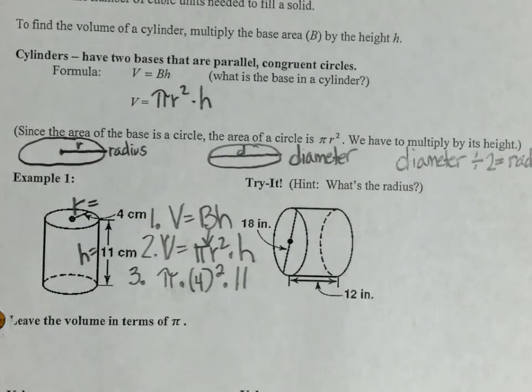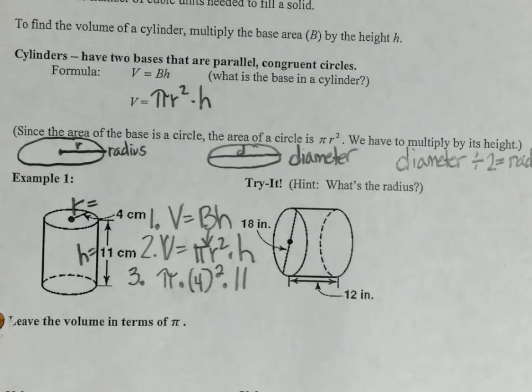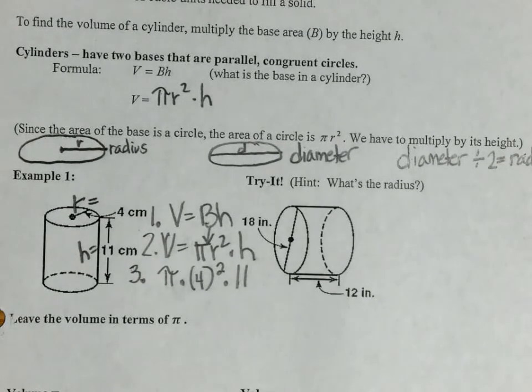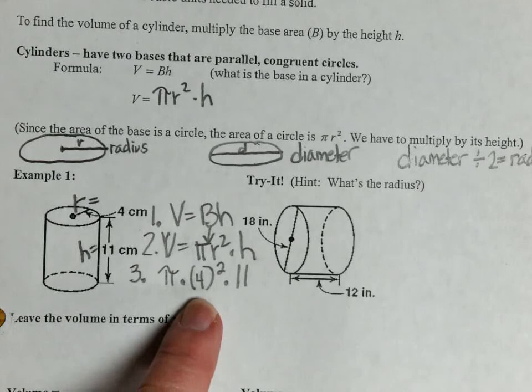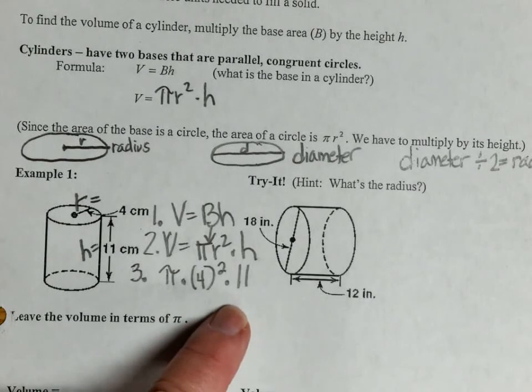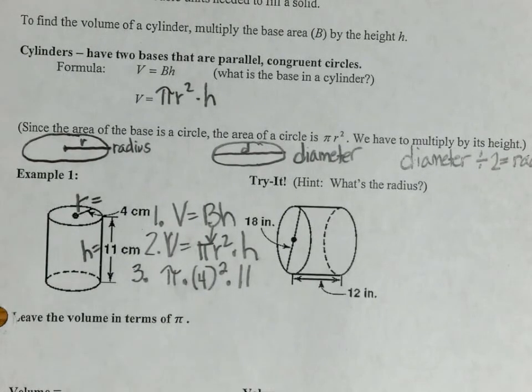So sometimes they ask you to leave it in terms of pi, and you need to understand what that means. It means that you do not calculate pi in the calculations. The pi symbol just sits next to the answer. So if I was going to do that, all I would do is put 4 squared times 11 in my calculator, and I am going to ask who, what, and where.